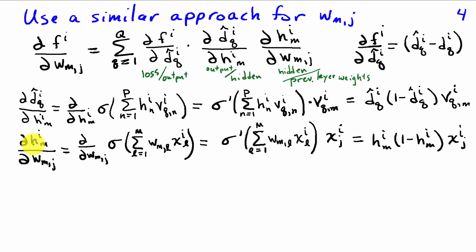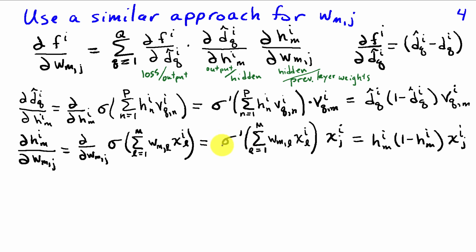Since we're differentiating the output of the first layer with respect to the weights in that layer, we're again differentiating with respect to sigma, the activation function, so we're going to have the derivative of the activation function times the derivative of the argument of the activation function with respect to w, and that is again a weighted sum over the w's, so that's just going to be the corresponding x that's applied to this particular w, which in this case is x_j sup i.